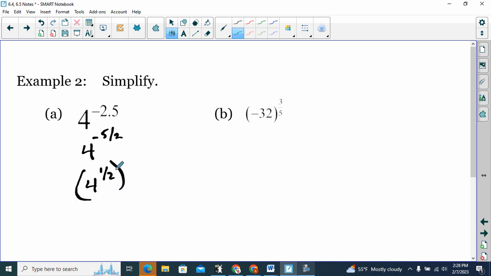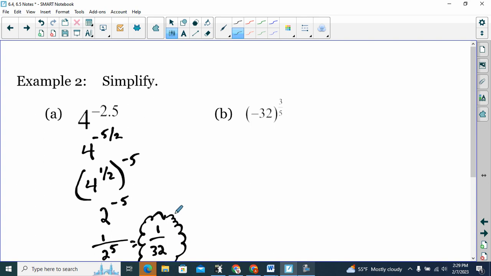I would keep the negative sign with the 5. 1/2 times negative 5 is negative 5/2. 1/2 power means square root of 4 is 2. Negative exponents get moved down to the bottom. 2 to the 5th. 2 to the 2nd is 4. To the 3rd is 8. To the 4th would be 16. To the 5th is 32. 1 over 32.